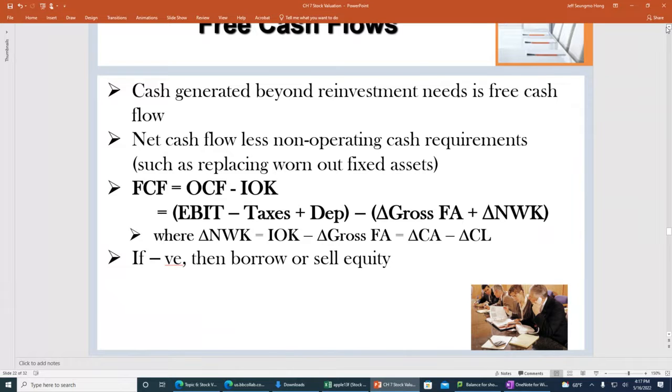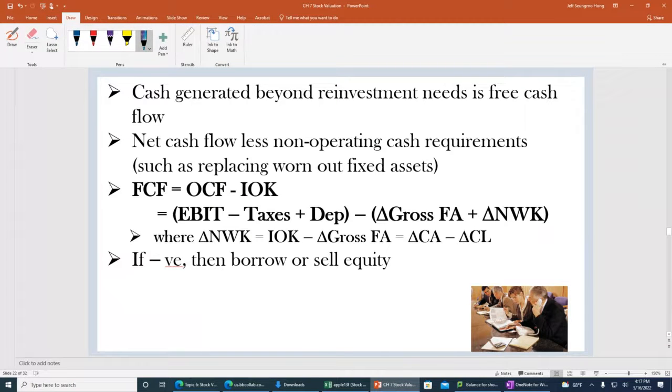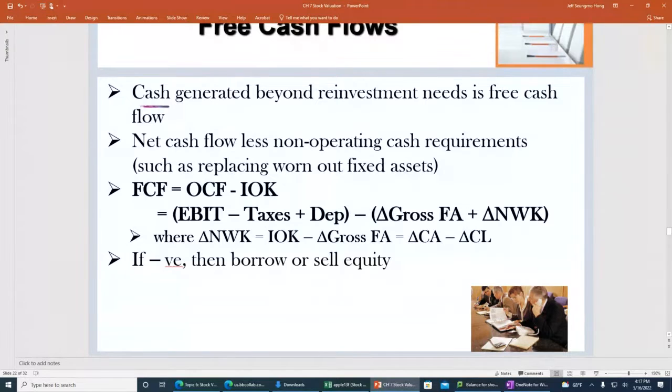Generally, they say in verbal definition, cash generated beyond reinvestment need. So what is reinvestment need? This is reinvestment need: investment in operating capital.